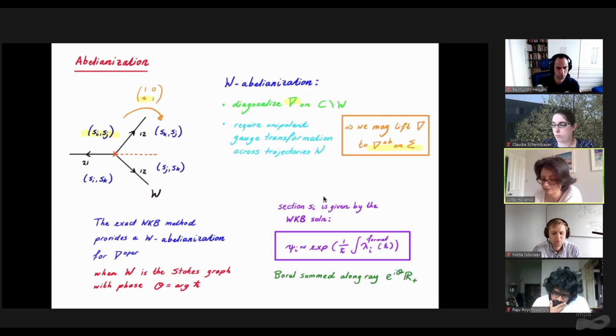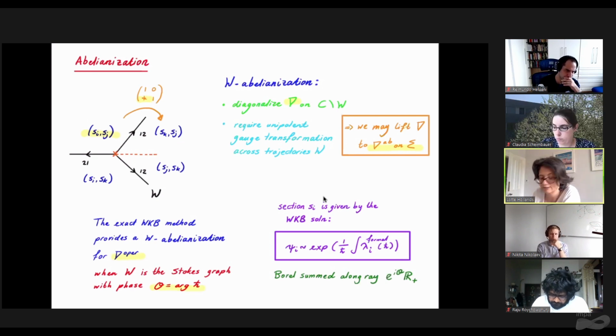So the exact WKB method is really a special instance of this. It provides one particular abelianization if this connection nabla is an oper, and if the spectral network is the Stokes graph for this particular phase theta.